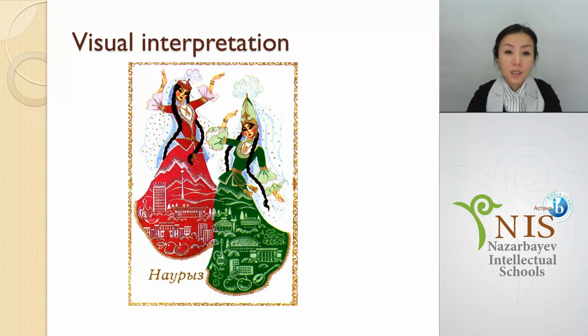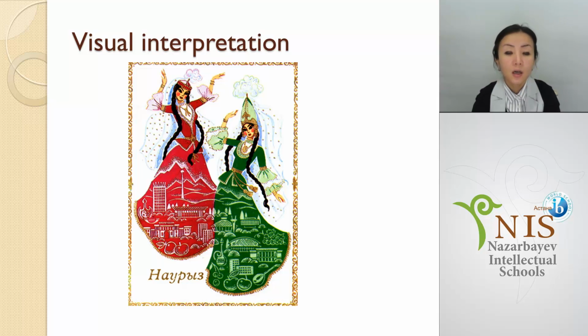Here, as you can see, we can also have a visual interpretation. You can give this picture, and you can look at this picture from different perspectives, and you can give students a chance to talk about this picture for a little bit, so they can think about these girls, or they can think about the cities here.